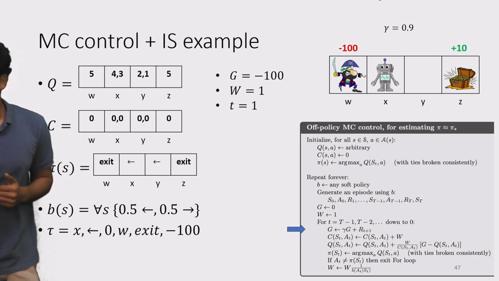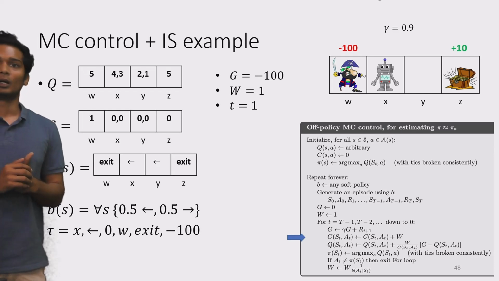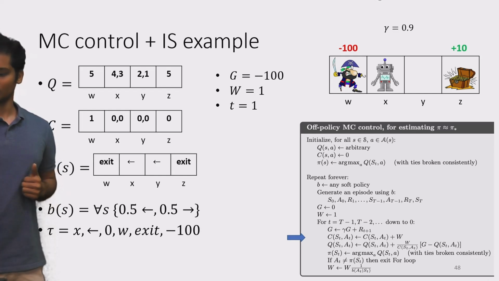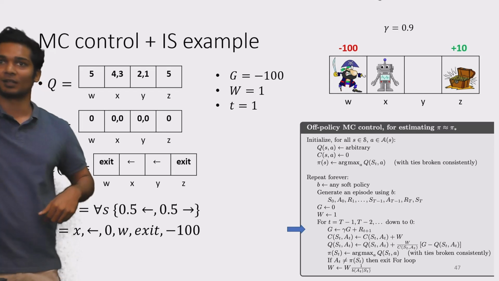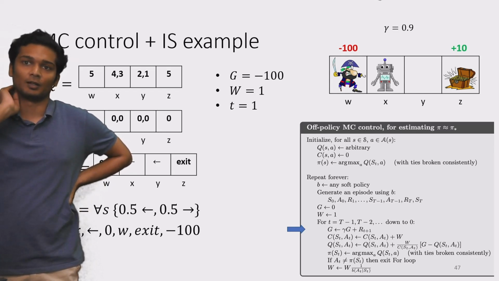So I think if we see the updated values, we don't have a list here for G, but G right now would just be -100, because it was 0 before.